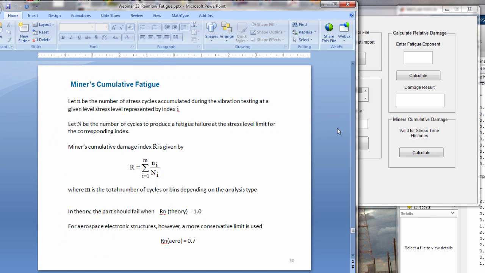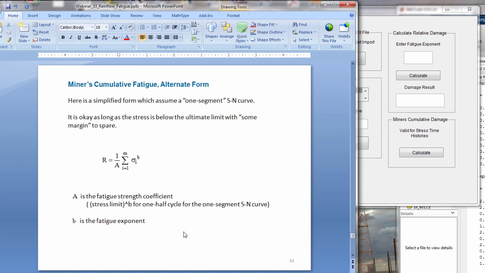So here's our very simplified method here. And this will allow us to do an equivalent Miner's calculation where we directly calculate the fatigue based on the stress amplitudes, cycle by cycle.